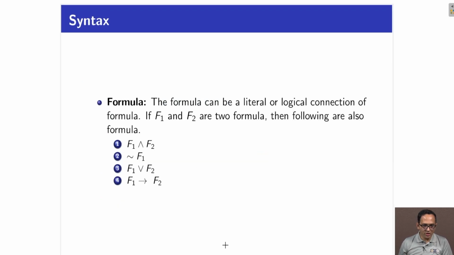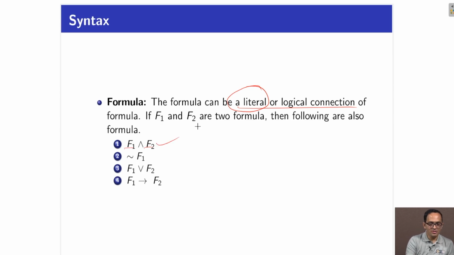We build the formula through logical connections between these literals. An individual literal can be a formula, or a logical connection between two literals can also be a formula. This is how we build the propositional formula. Some correct formulas: if you have two formulas f1 and f2 and connect them, this will also become a formula.